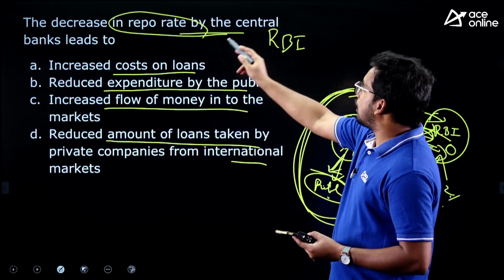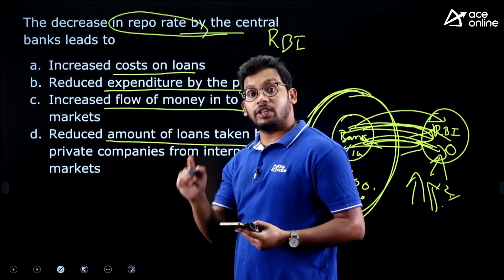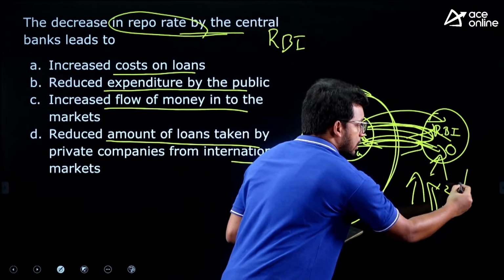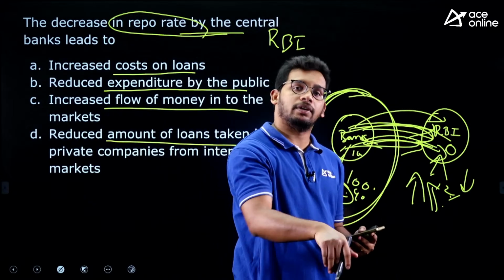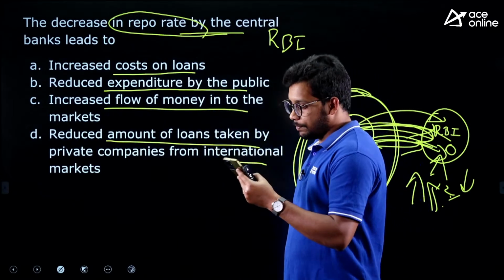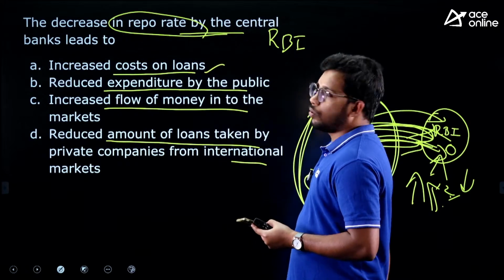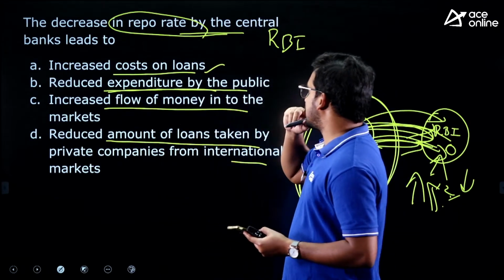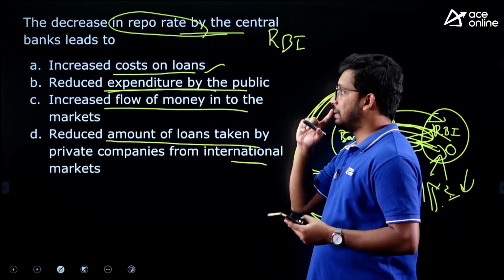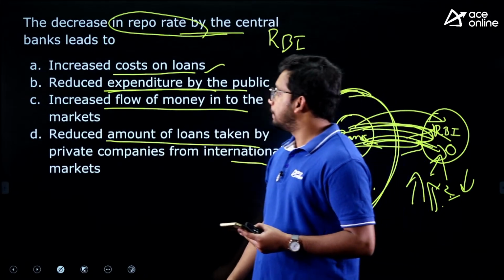The decrease in repo rate by the central bank. Now they have decreased the repo rate. The interest that banks are paid by the RBI, they have decreased. Now what will happen? Increased cost on loans, reduced expenditure by the public, right?